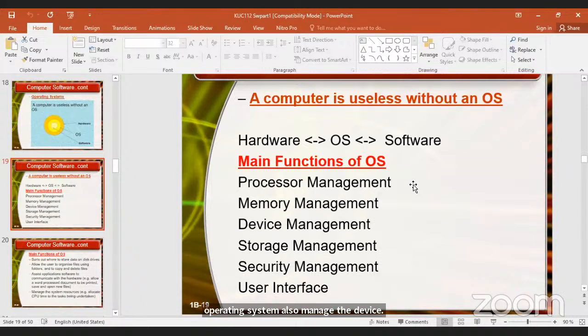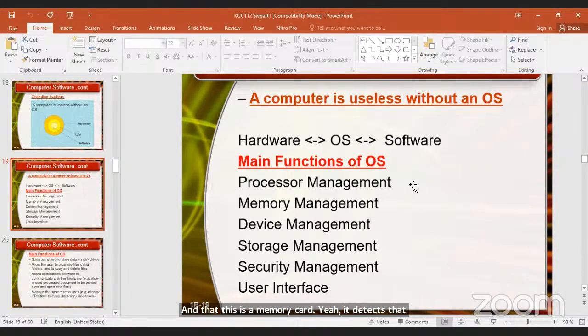Device management, the operating system also manages the input devices. When you plug a mouse, a keyboard, a printer, a memory card, a flash, an earphone, a camera on a computer, the operating system detects that this is a memory card. It detects that this is a camera. It detects that this is a keyboard.